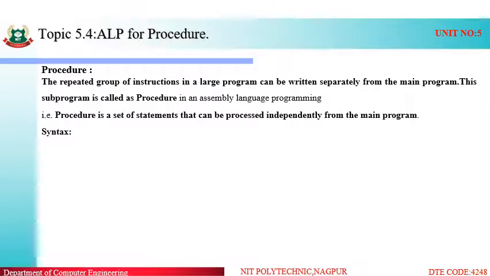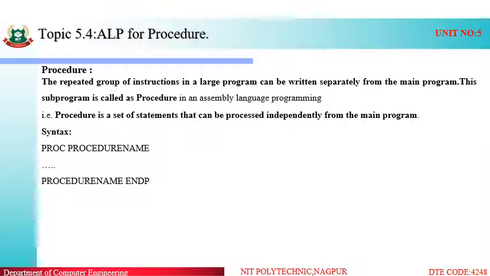So a procedure is a set of statements that can be processed independently from the main program. As we have stated, the procedure is written outside the main program, so it is processed independently. Syntax of procedure you all know. First we have to give the assembler directive PROC, which means the procedure is getting started, followed by the procedure name.